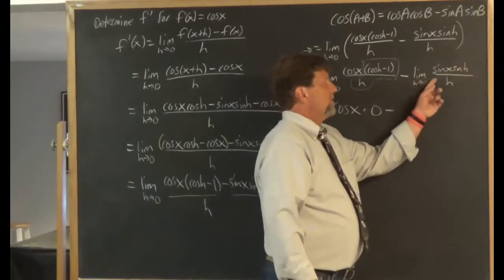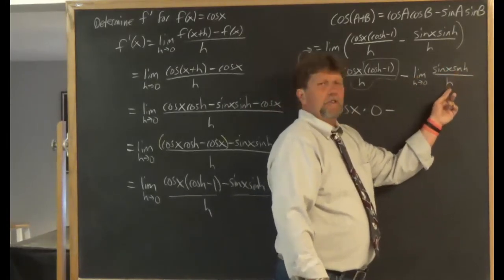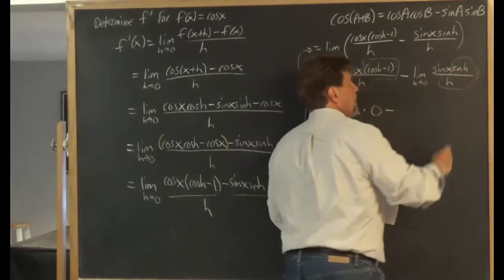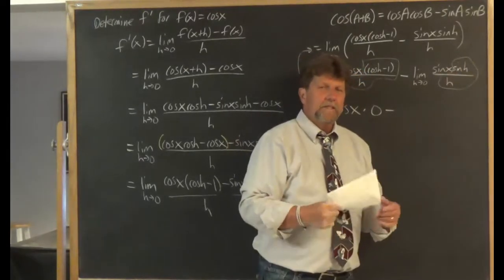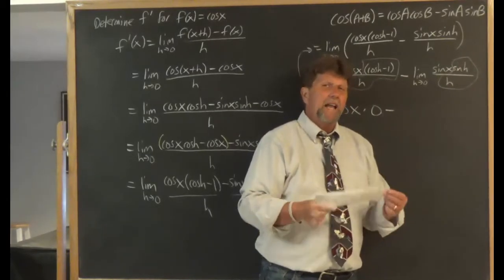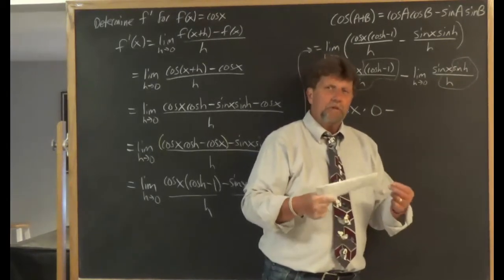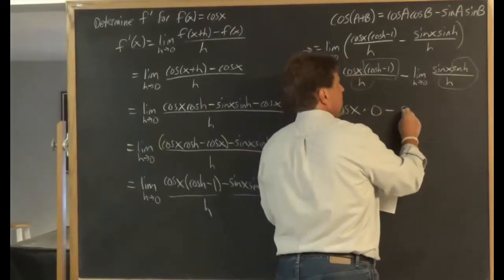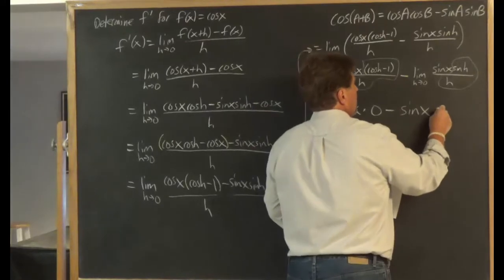Limit as h approaches 0 of sine x sine h over h. That's our special trig limit, sine h over h. The limit as h approaches 0 of sine h over h, we know that limit is 1. So we have minus sine x times 1.